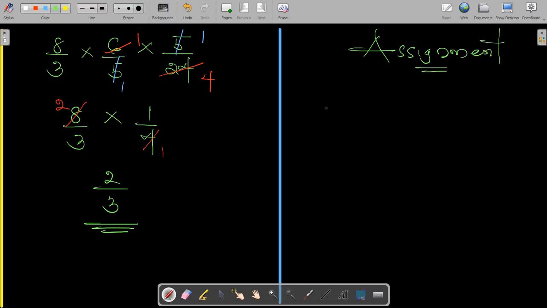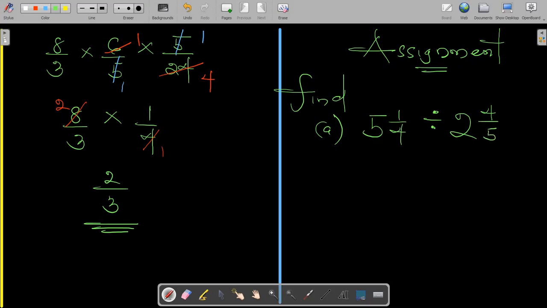Let us say we are asked to find, so you solve this. The first one here is A. We are given 5 whole number, 1 all over 4 to divide 2 whole number, 4 over 5, and we are dividing it by 3 whole number, 3 over 4.